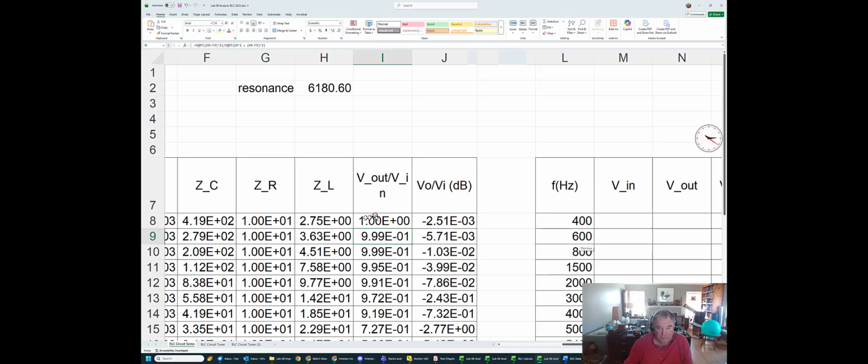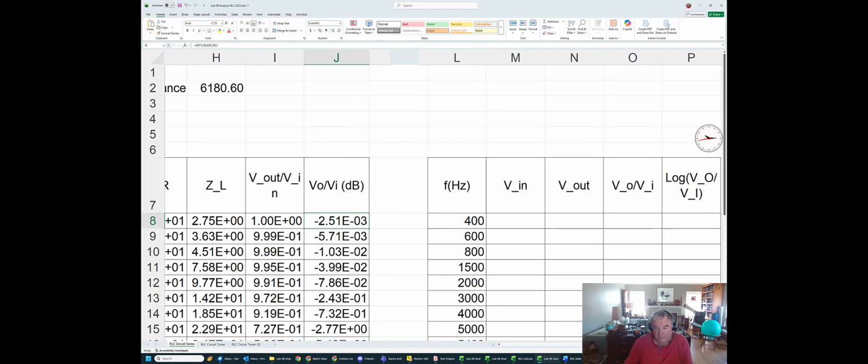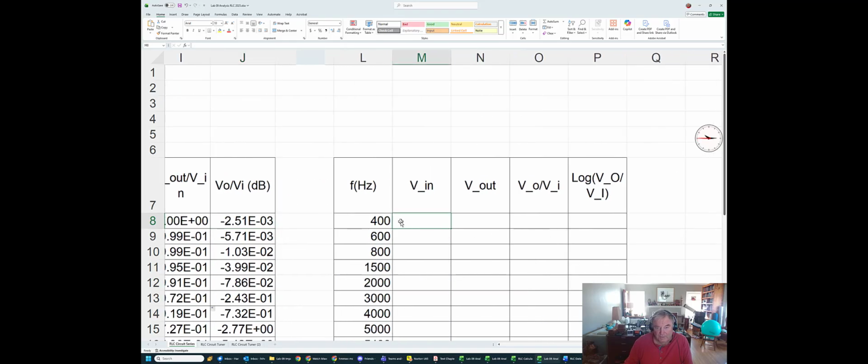And then, of course, the fill handle. And then see that now I just took the logarithm of it. 20 times the logarithm. All right. Now, of course, you can type in your data.